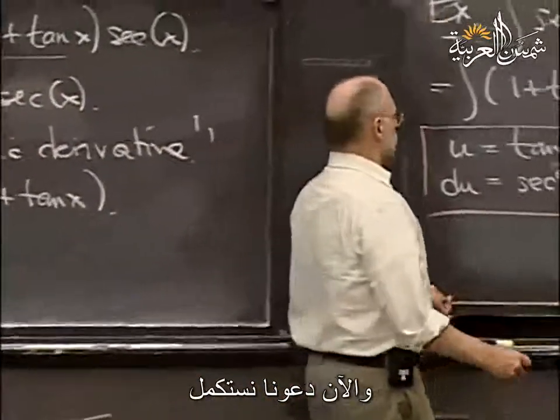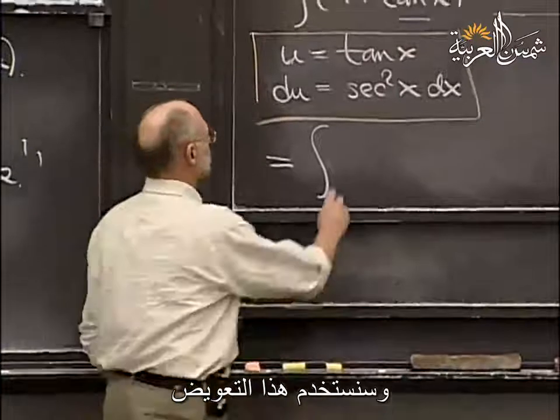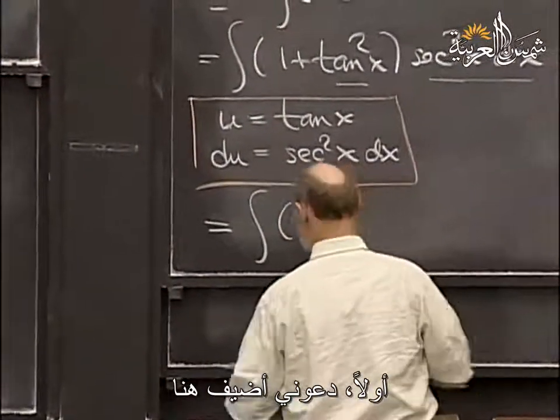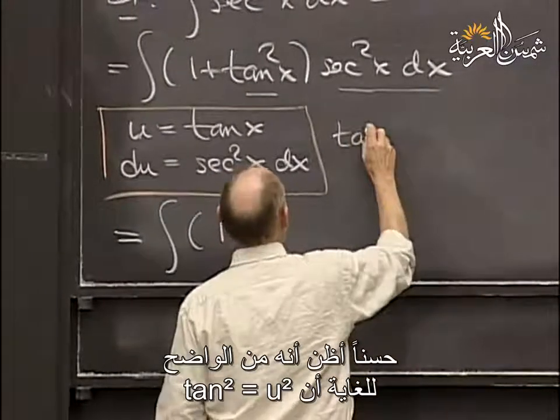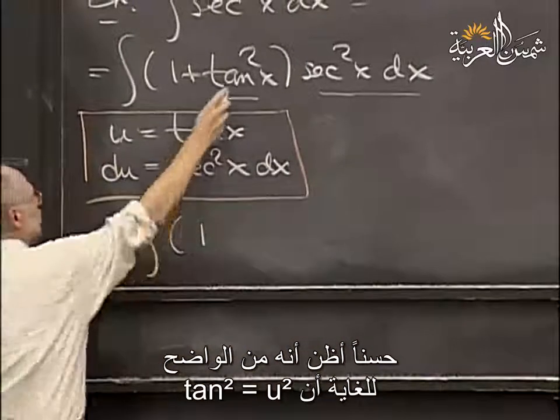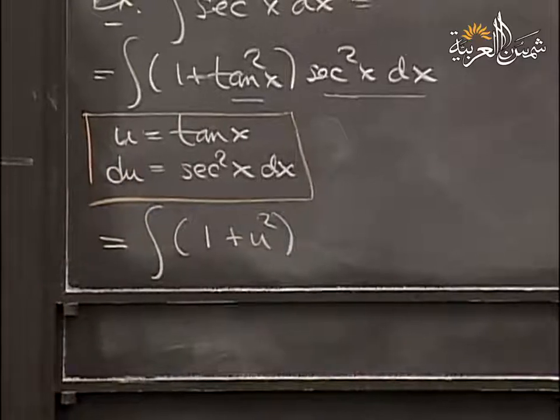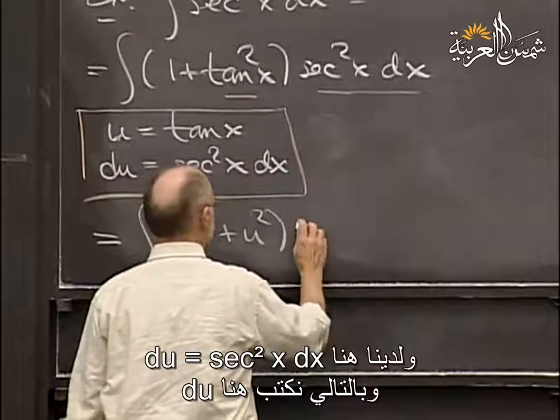So now I can continue this. Under that substitution, I get 1, and I should add the other fact that, well, I guess it's obvious that tangent squared is u squared. So I get 1 plus u squared, and then du, the secant squared x dx, that is du.